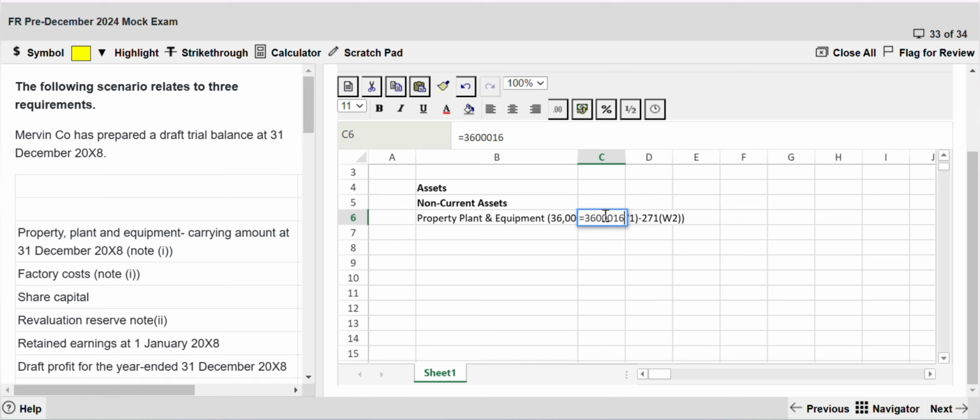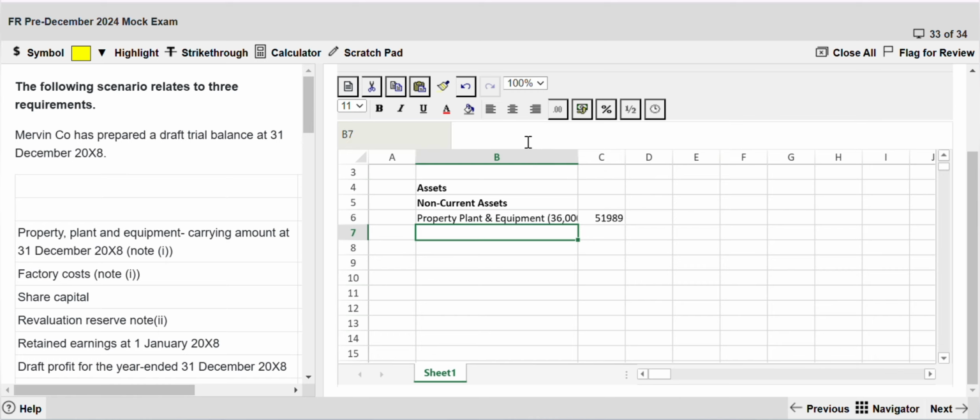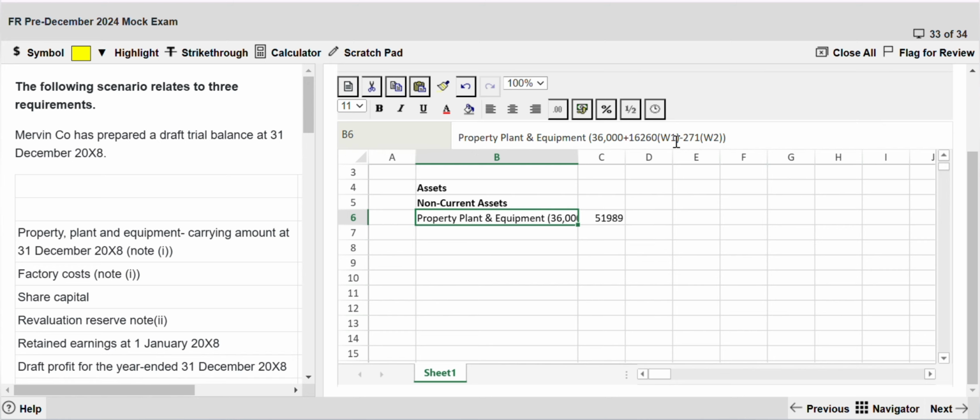At least if you have the numbers, refer to the workings. 16,260 minus 271. That was the carrying amount.